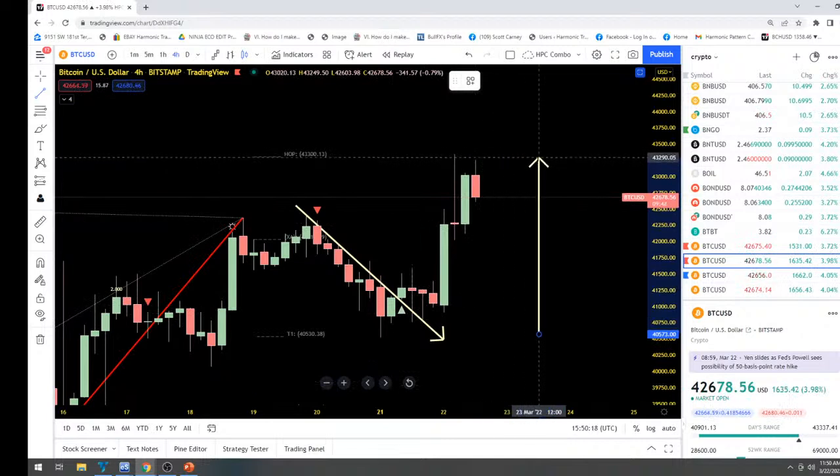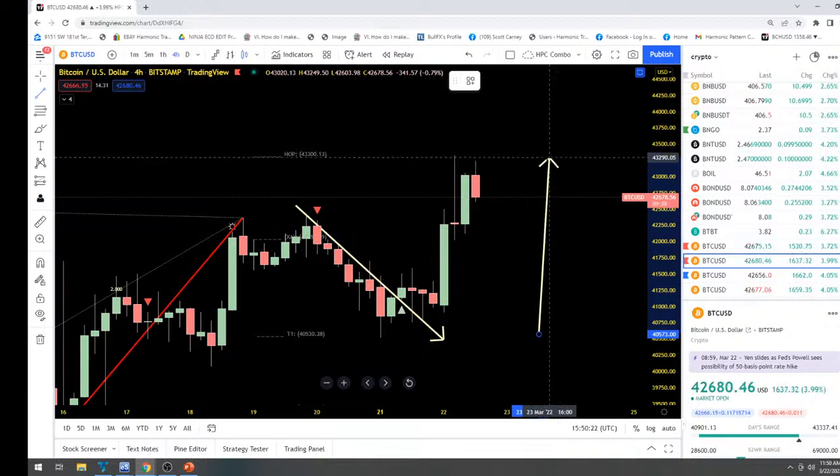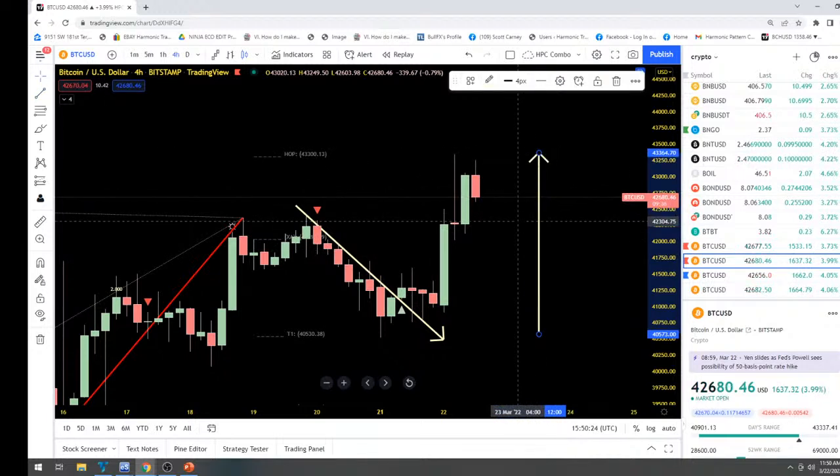Now, the only number I want to look at right there is 43,300, the hop level on this bat. It's everything. I'll get to why it is everything, this hop level secondary retest.